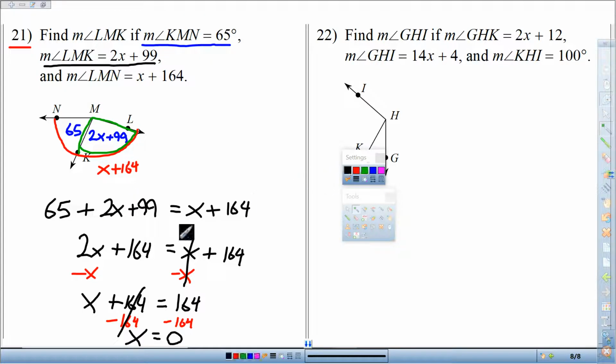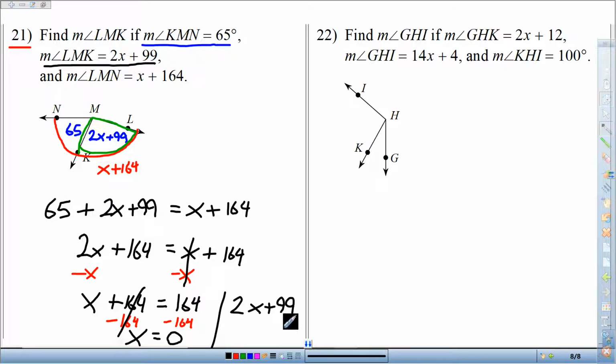Luckily, plugging a 0 in is really simple math. So I'm going to do 2x plus 99, and I'm plugging 0 back in. 2 times 0 plus 99. This is almost unnecessary to write out. It's just turning into 0 plus 99. So there's my answer, 99 degrees.